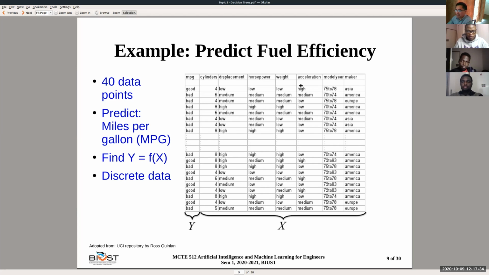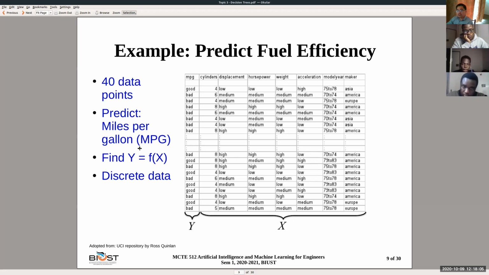In this case, we are looking at data. Again, always in machine learning, we are given data, real life, everyday life data. For example, in this case, it's about predicting the miles per gallon, or kilometers per liter if you want, of a certain vehicle.